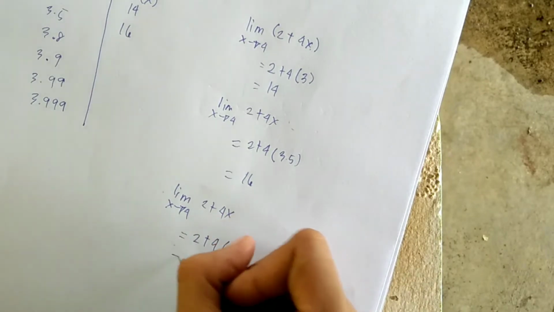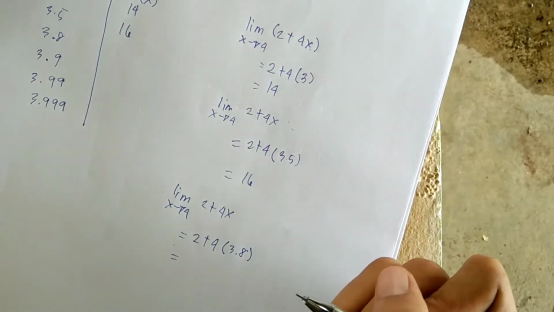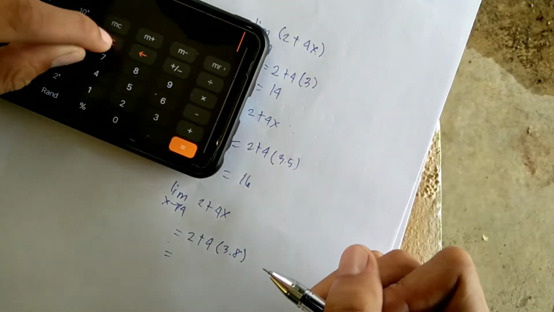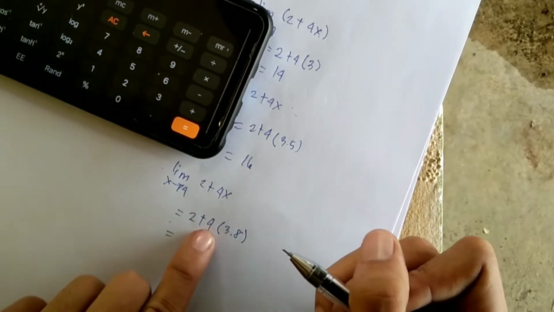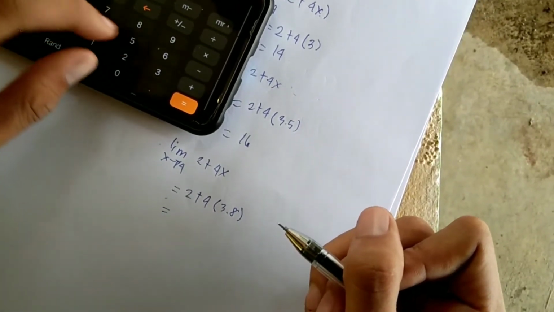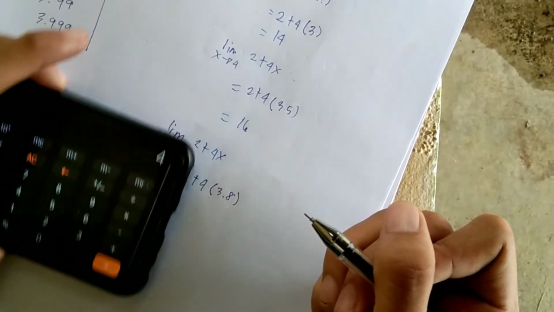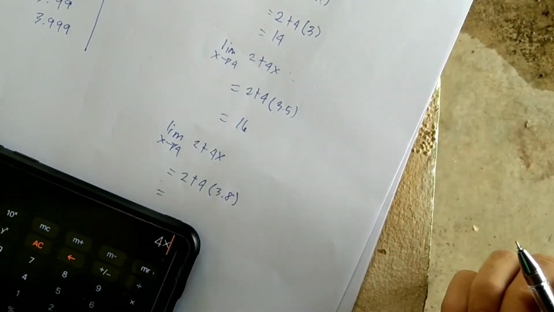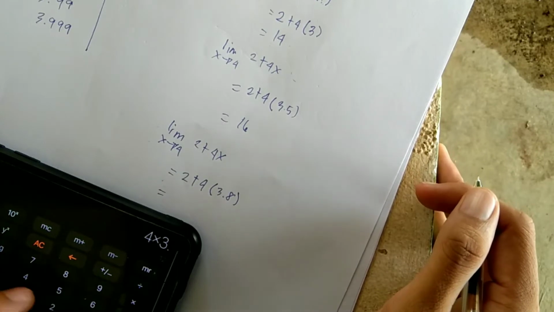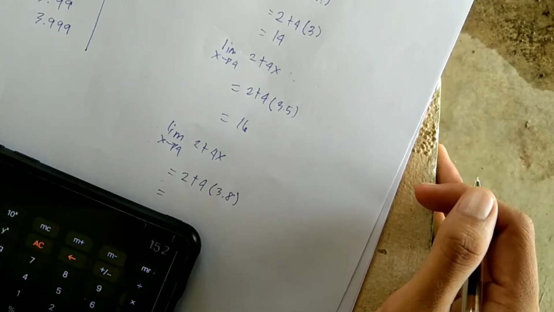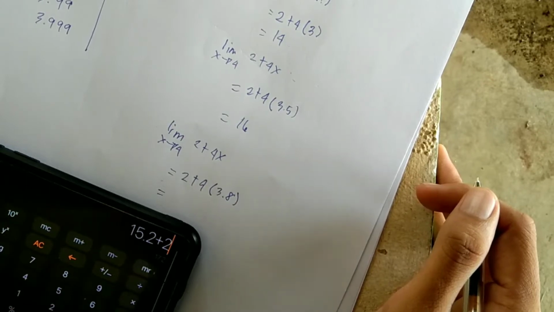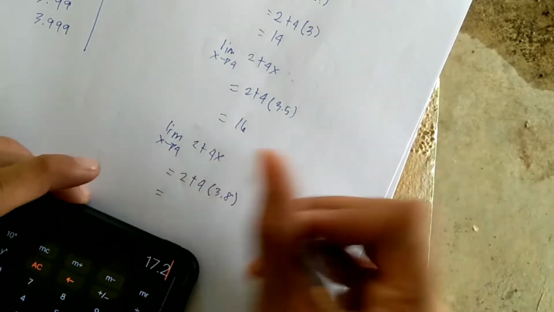So ganyan. Tapos 4 times 3.8 is 15.2, plus 2, 17.2.